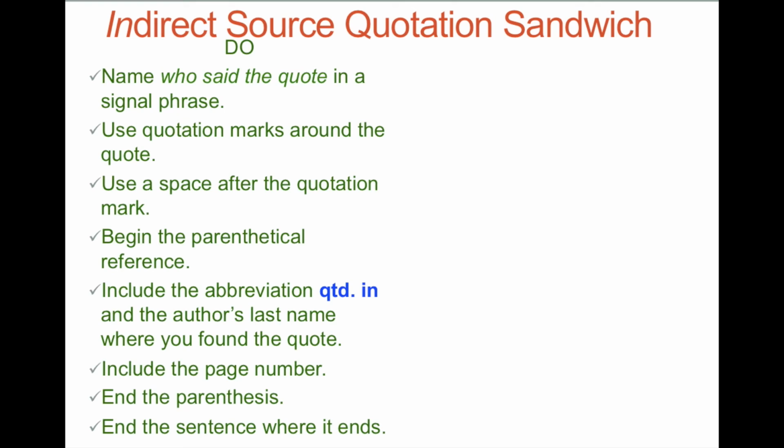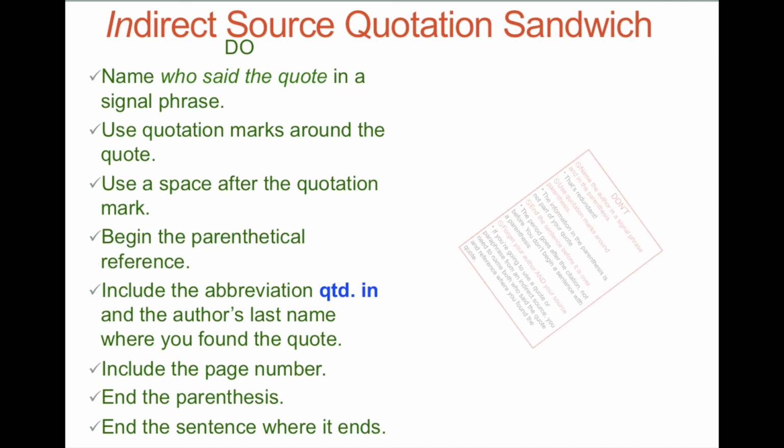You'll include the page number if it's applicable. Like with the online source that I showed you, there was no page number because we don't use page numbers with online sources. Then you would end the parentheses, and then you would be sure to end the sentence where it ends after the parentheses. Remember, you don't want to begin a sentence with a parentheses.